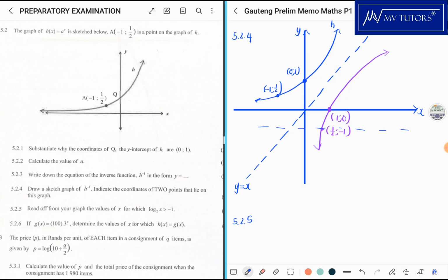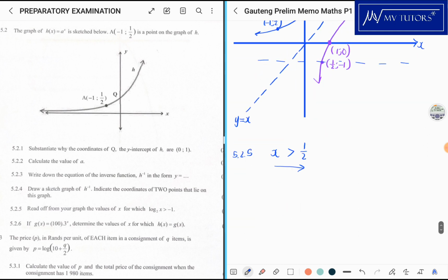So basically x will be bigger than a half. Do not do this, because they just said where the function log x base 2 is bigger than -1. So this would be your answer.